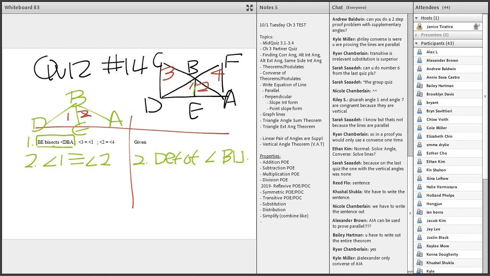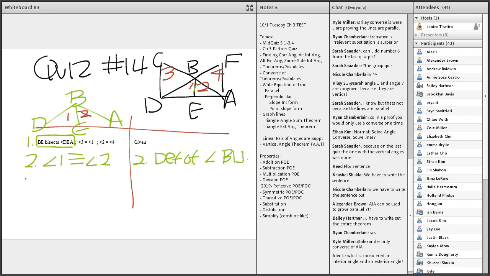Okay, so now I use that one. I'm probably not going to use it again. You usually use one of the givens once and then you're done with it. So now number 3 was kind of guided. It had like blanks. So I had angle, congruent to angle, and then another one. So if you look at 1 and 2 and look at 3 and 1, well, don't they both have a 1?